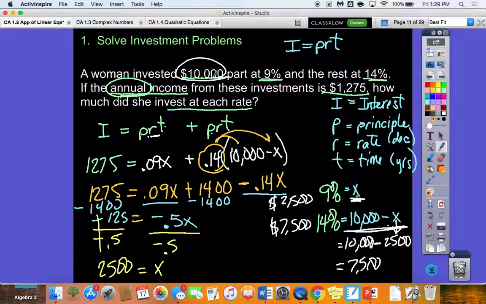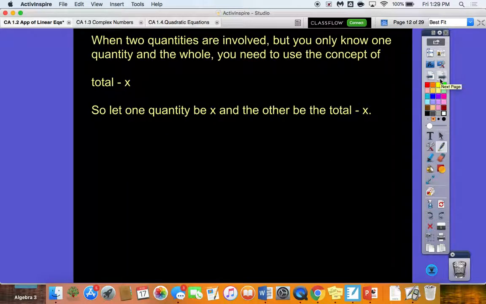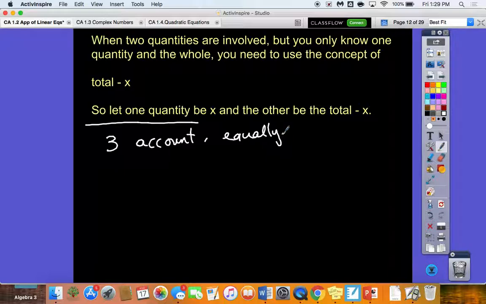When you're on homework, and if you run into a problem that says you have 3 accounts and the money's equally distributed, what that means is you're going to do I equals PRT plus PRT plus PRT.